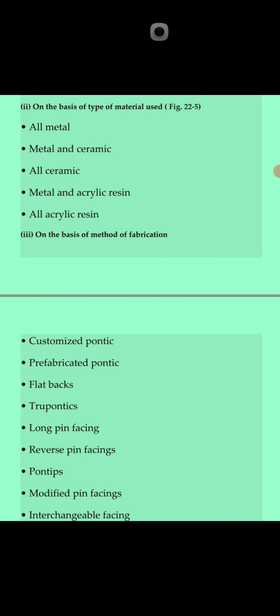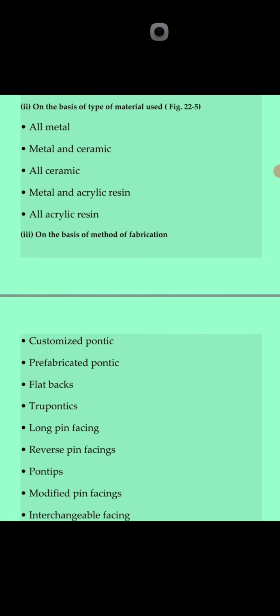Second, on the basis of type of material used, there is all metal, because the pontic is completely made of metal. Next is the metal and ceramic combination. Next is all ceramic. Next is all acrylic resin, and next is the metal and acrylic resin combination.